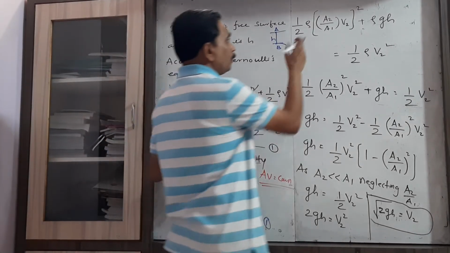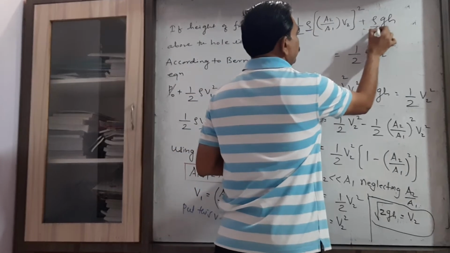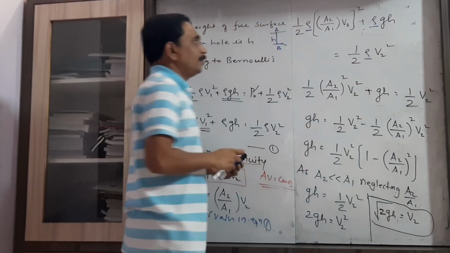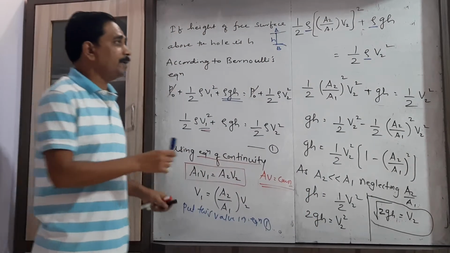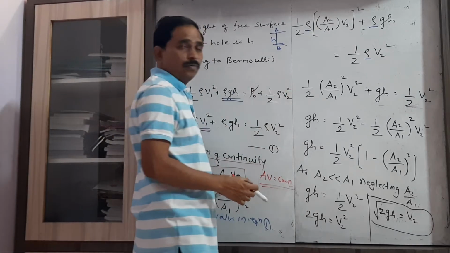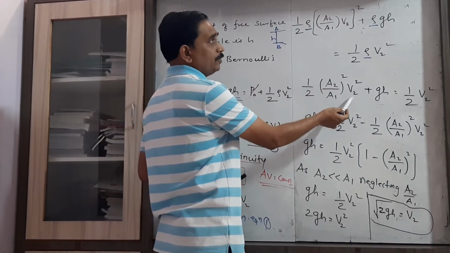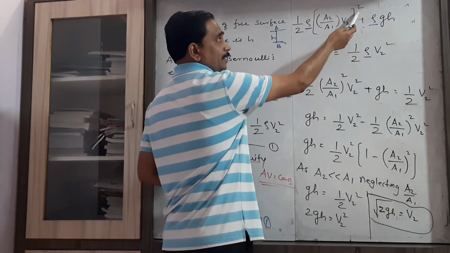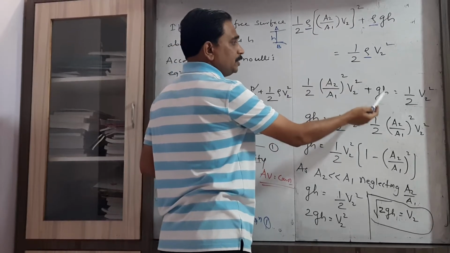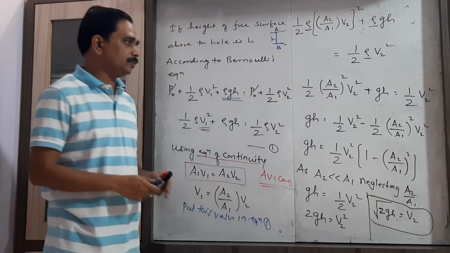Now again we have rho common in every term, so we can cancel that rho, the density of liquid. By cancelling rho, we have half into A2 by A1 whole square into V2 square plus GH equals half V2 square.